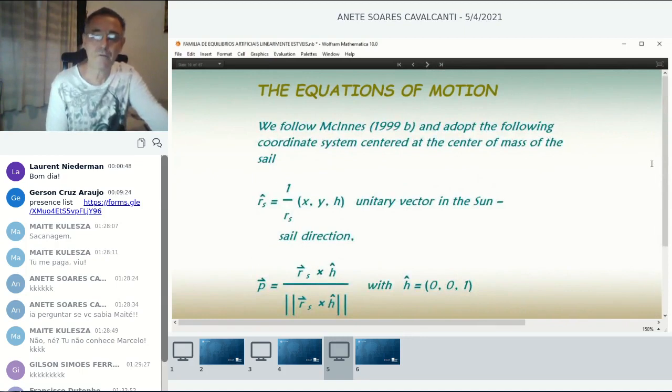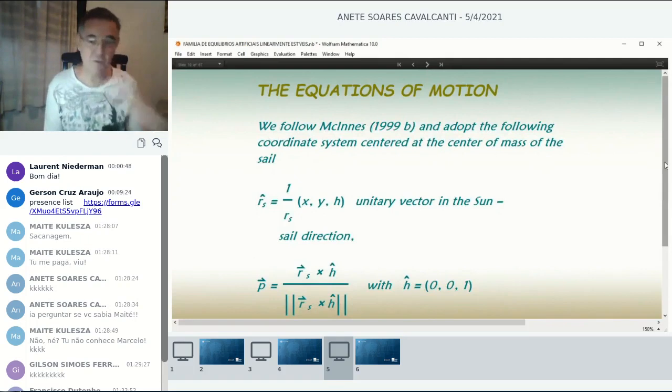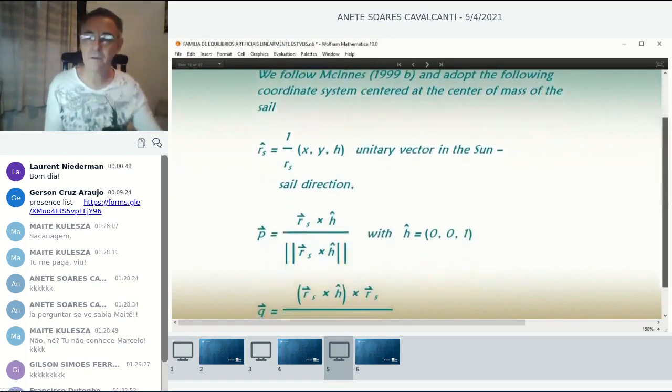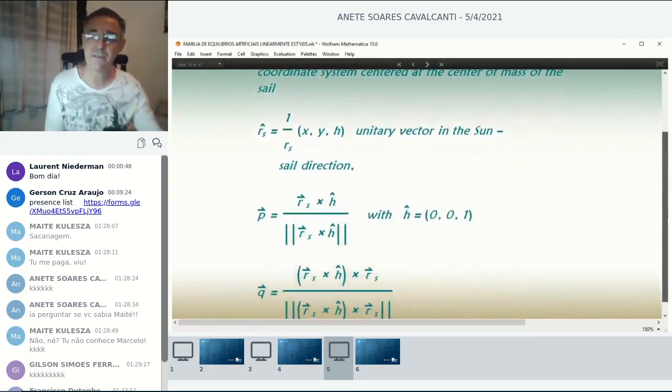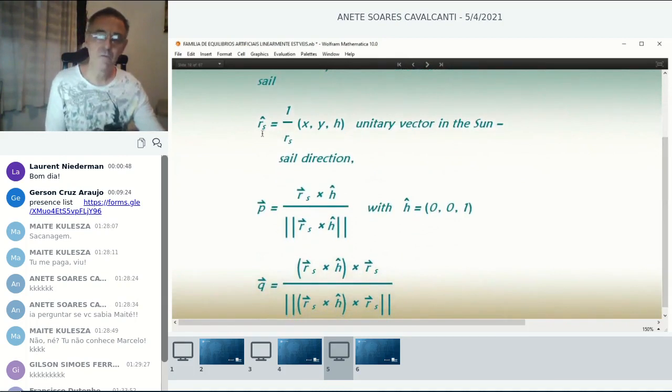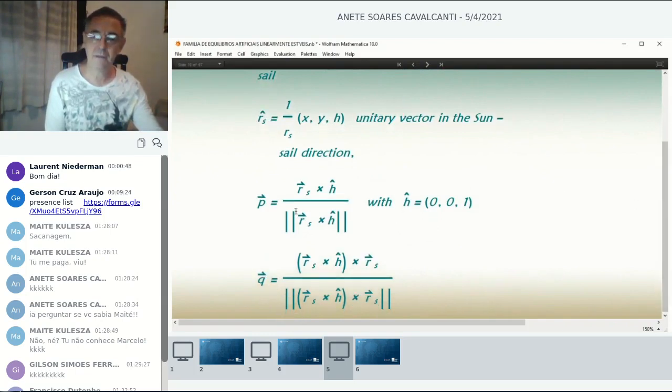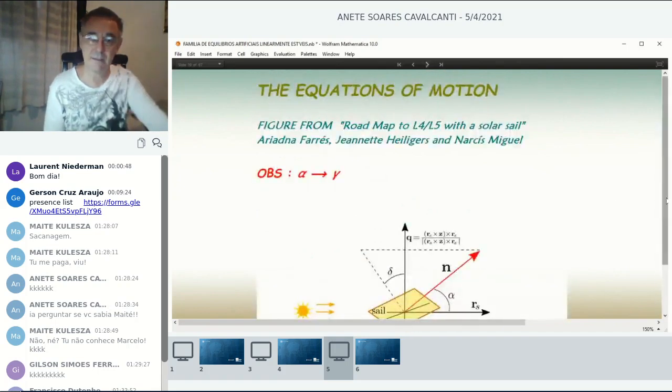Okay, now we follow the notation of McInnes in his book, and we introduce a system of reference centered on the sail. So we consider r hat as the unitary vector in the sun-sail direction, as it's mentioned here, and p and q given by these expressions forming the orthonormal system centered on the sail.